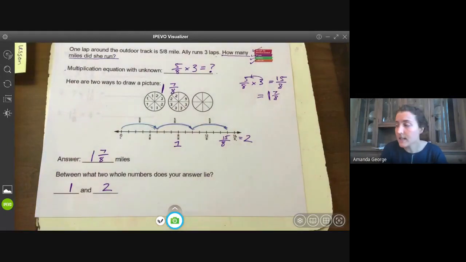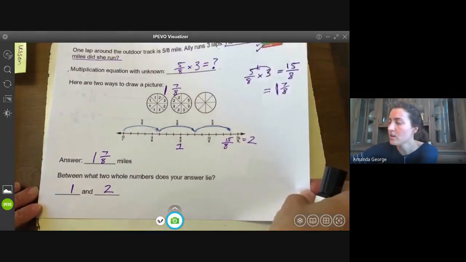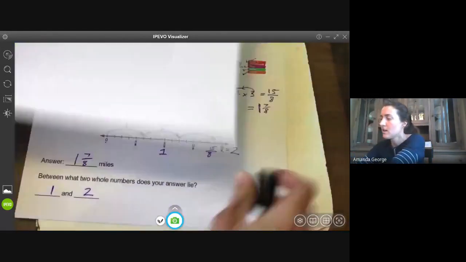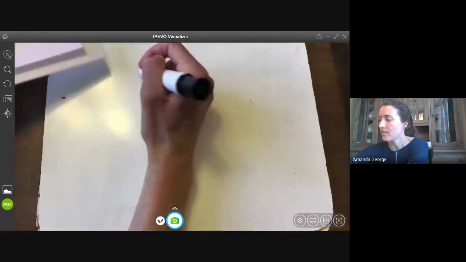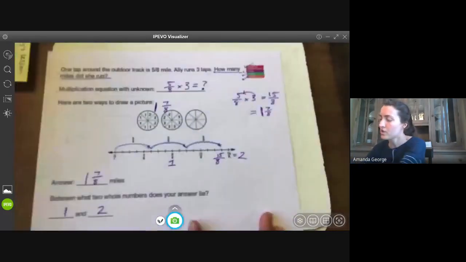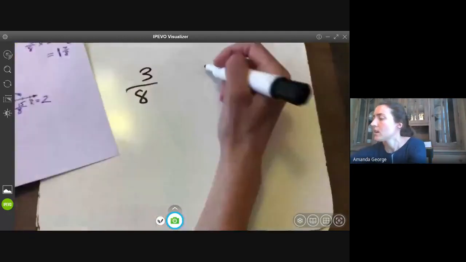Okay, one last thing I want to show you, because you'll see this on your journal. We knew that on the indoor track, Allie ran 3/8 of a mile, right? We solved that last time. And on the outdoor track, we just solved that she ran 1 7/8.